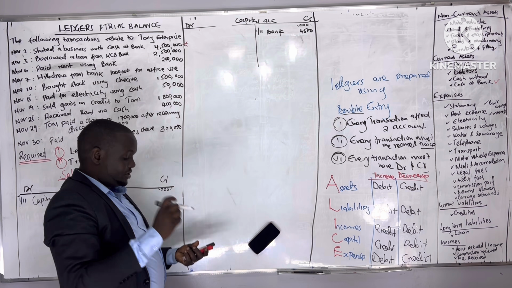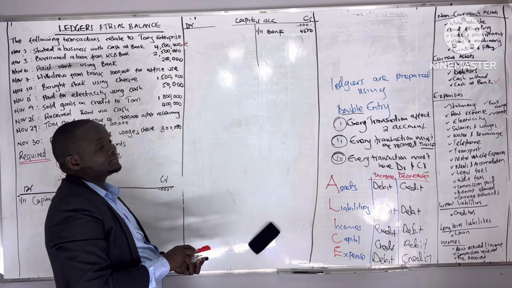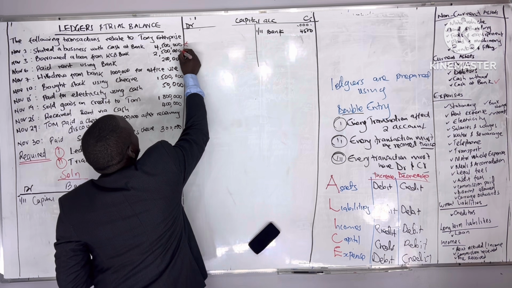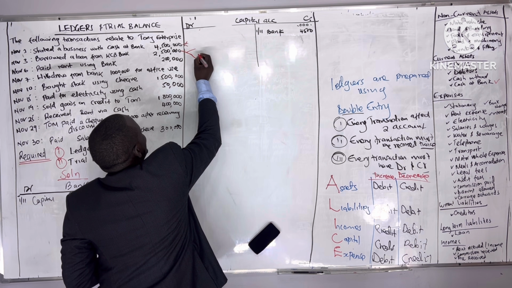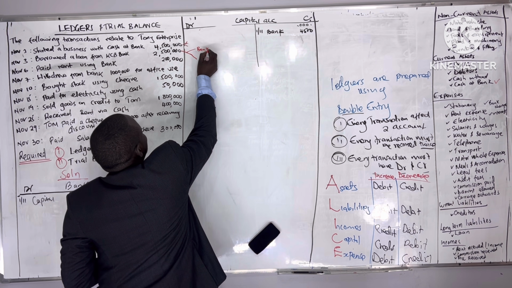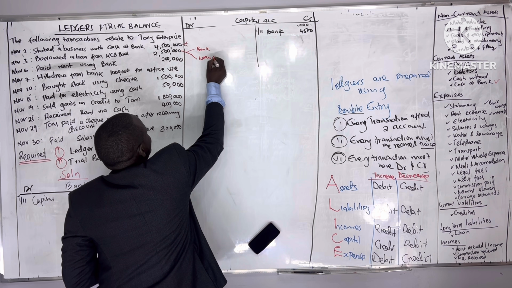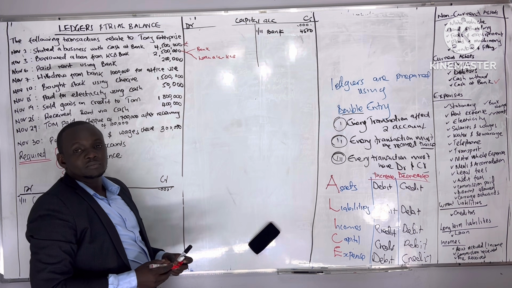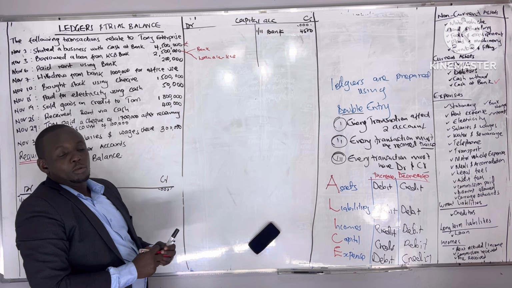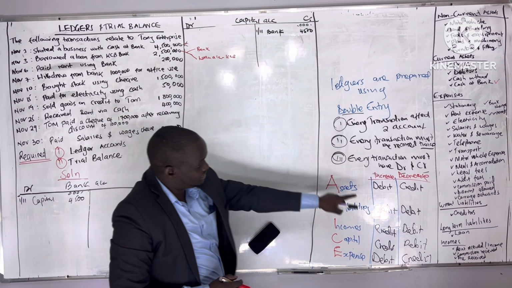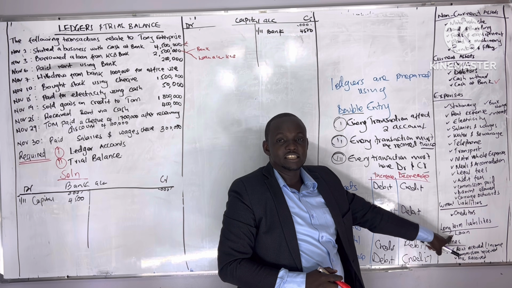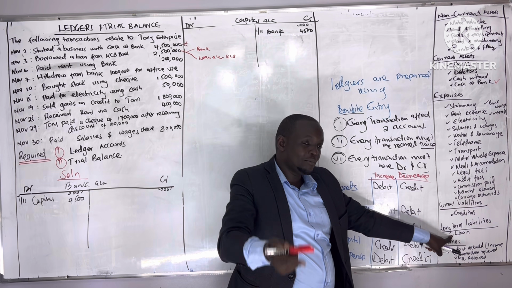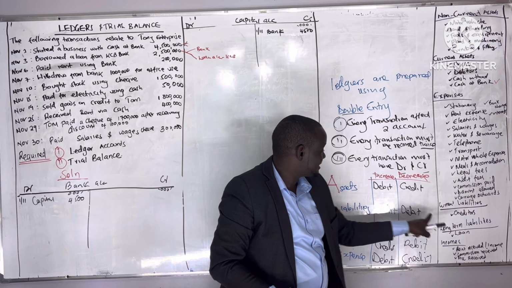When you borrow a loan, the two accounts affected are one, the bank, and two, the loan account, which is KCB. So loan is which category? Liability. When we borrow money, we are increasing liabilities.